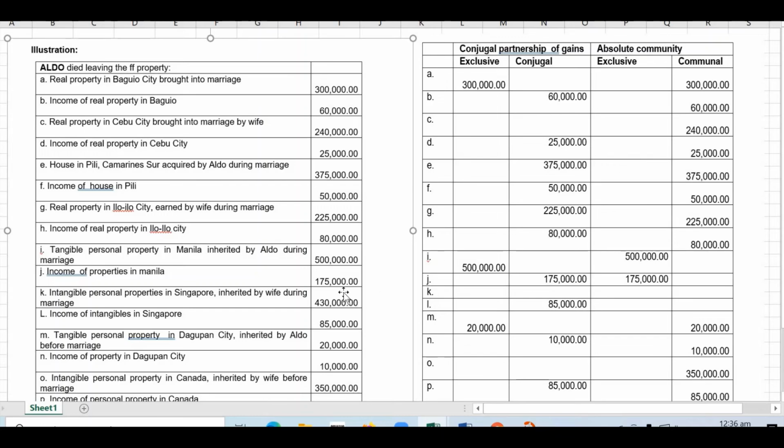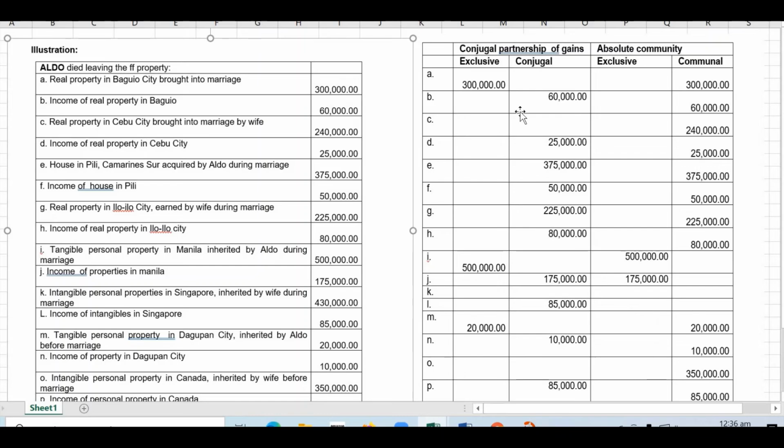under two systems, no? However, ang income nito, ang income ng properties in Manila na inherited ni Aldo during marriage, kasi ang income is always conjugal under conjugal partnership of gains. However, sa absolute community, since the property is exclusive, exclusive din yung income. So, isa ito sa difference ng absolute community and conjugal partnership of gains, ang income ng exclusive property.